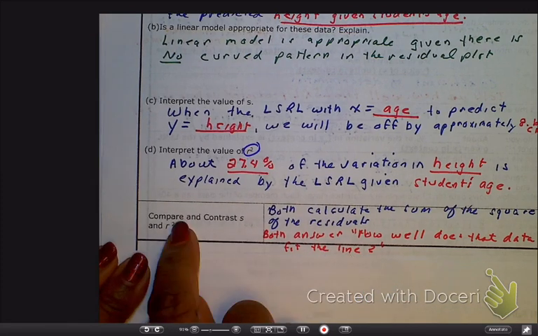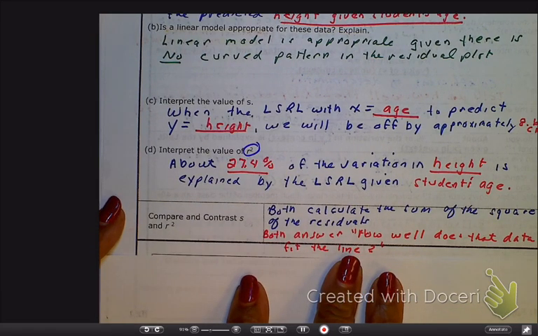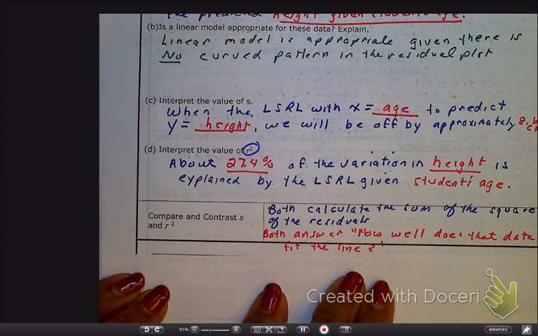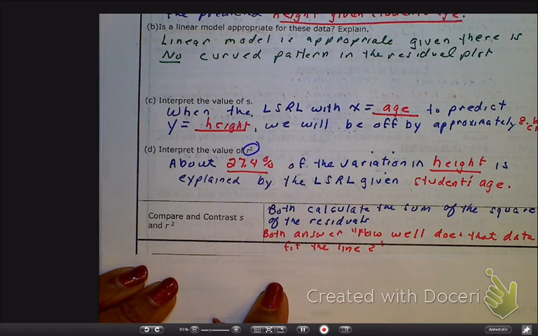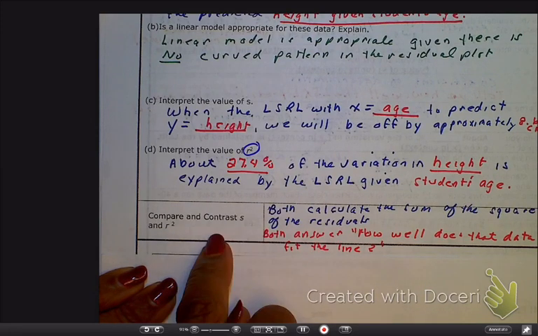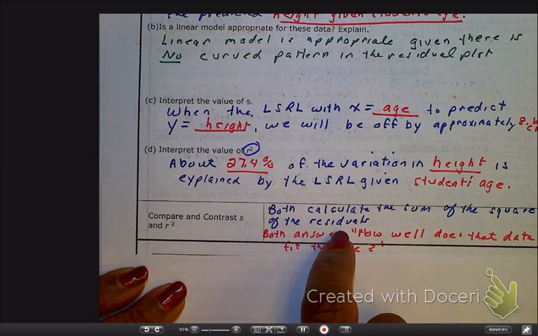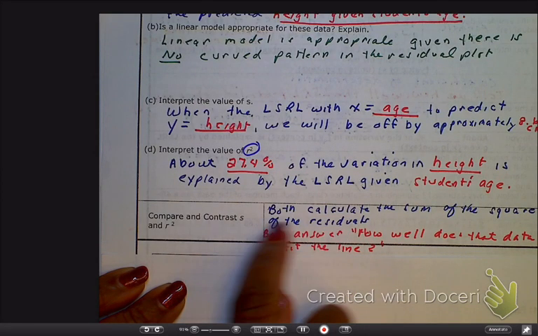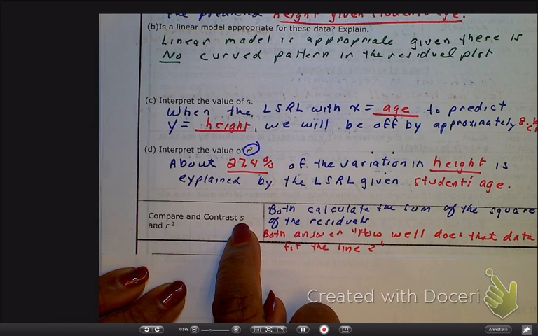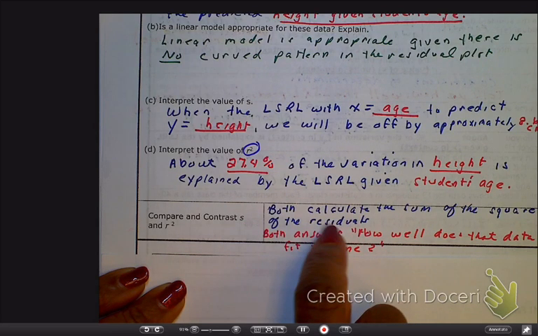The contrast is basically there are two different looking formulas. Another contrast that I haven't written down here, so I'm just saying verbally, is that one is looking at the errors. The standard deviation of the residuals looks at the standard deviation of the errors, because isn't that what a residual plot does? It calculates errors.